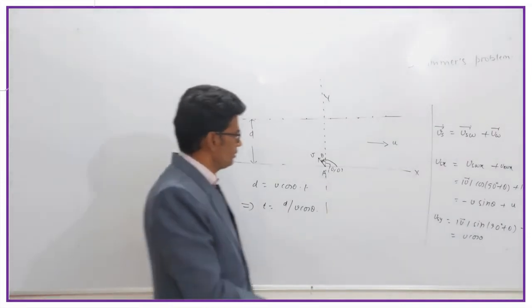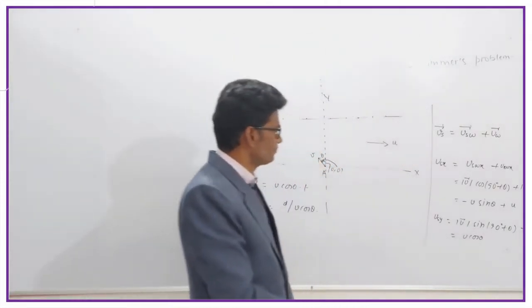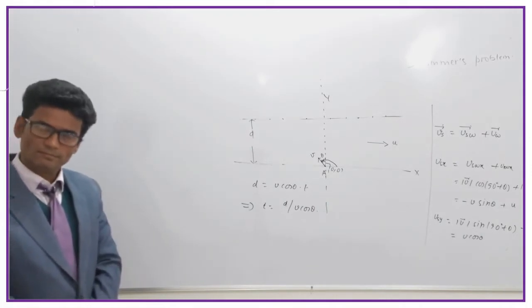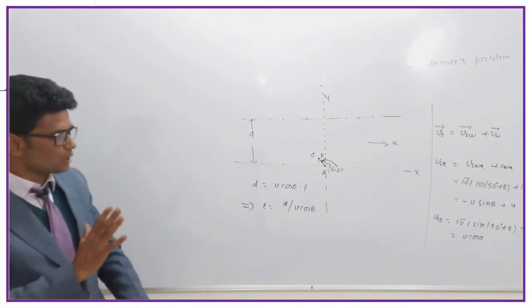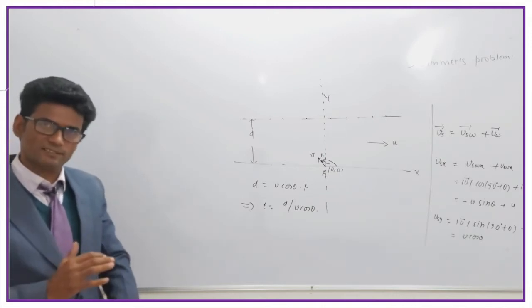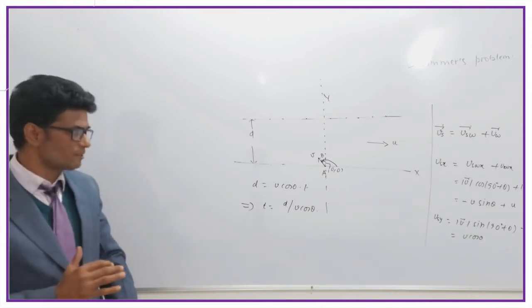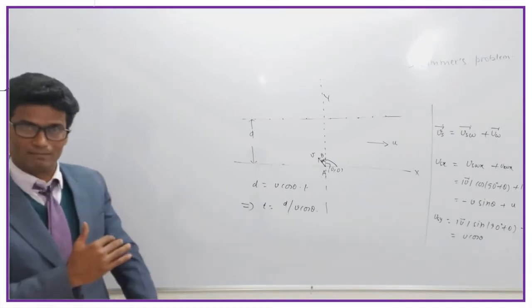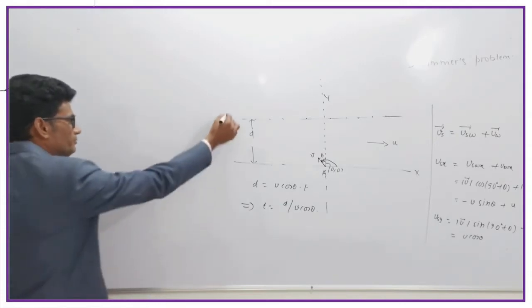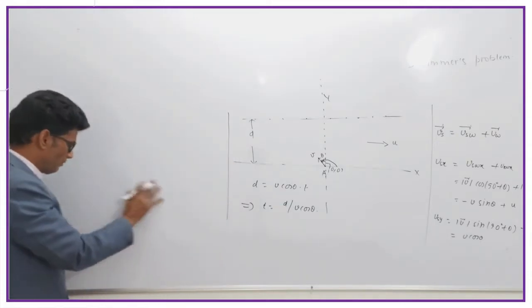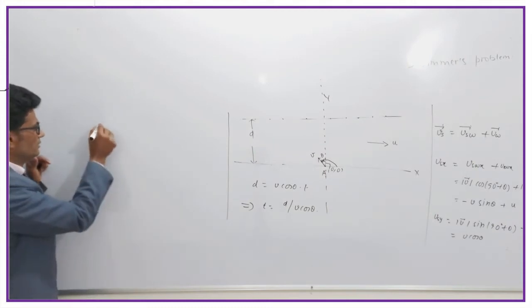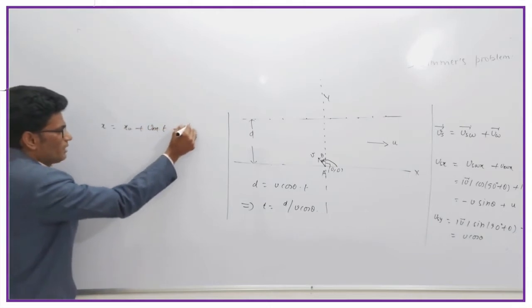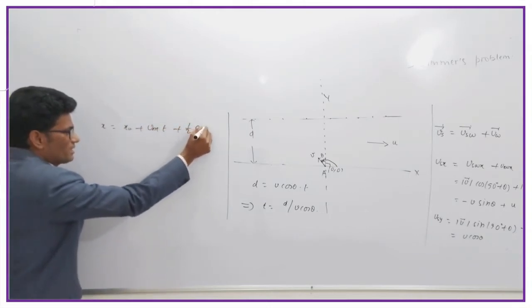Now we want to find the x component. We are dealing with the situation in coordinates because it will provide comfort to us to deal with that. Look at here, x component, that is, we are going to use x motion here. So x is equal to x naught plus v naught x t plus half a x t square.